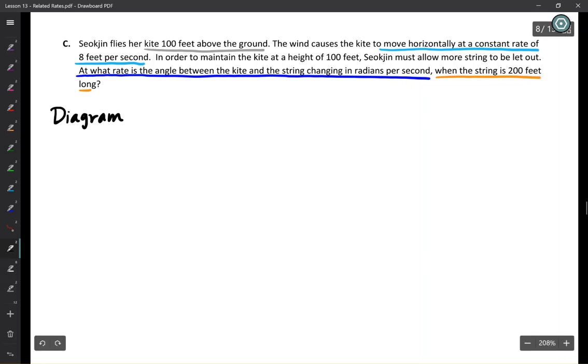So we've got, initially, here's my kite. Maybe we'll have a green kite.